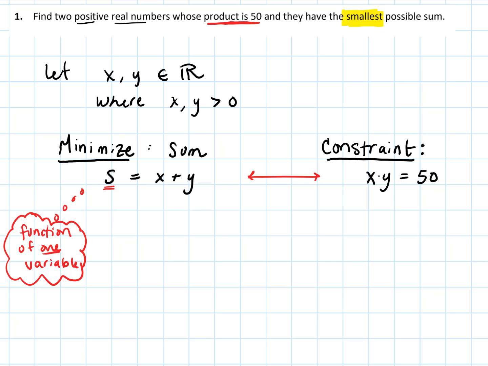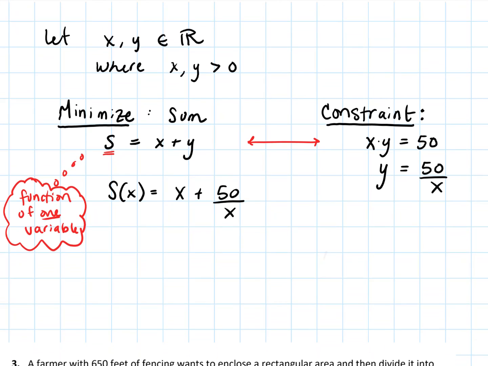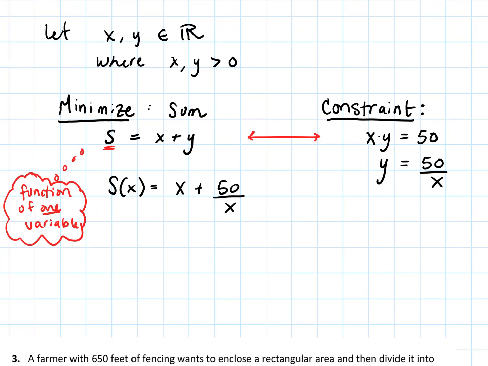So in order to write that as a function of one variable, I'm going to use the constraint and solve for y. y has to be 50 over x, and then I can plug that back into my sum function and create a function of one variable. So S of x is x plus 50 over x. And now I have a function that I can find the maximum or minimum of.